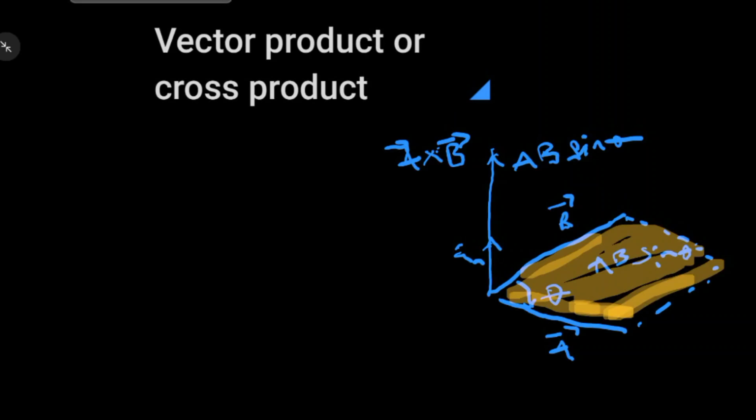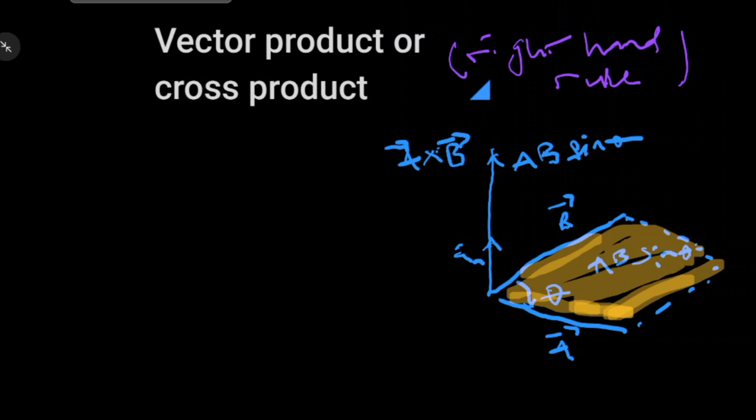In this video, we're going to be looking at the vector product, or cross product. Just bear in mind, everything we're going to be talking about is related to the right hand rule, right? So let's just dive into it.